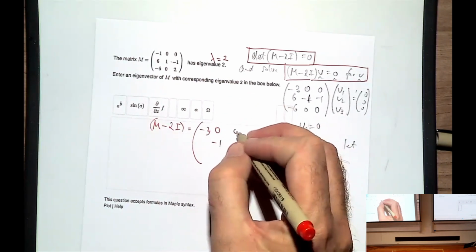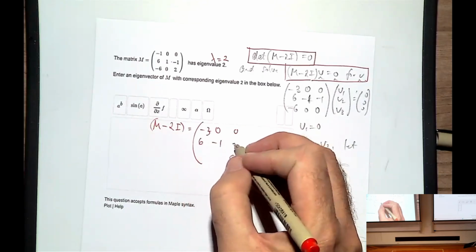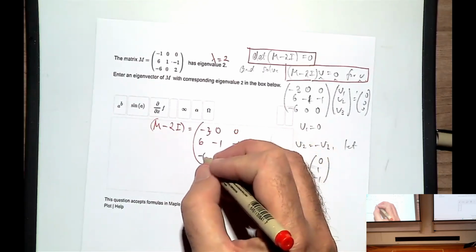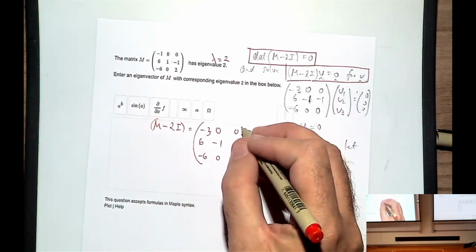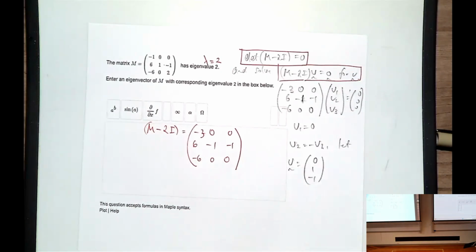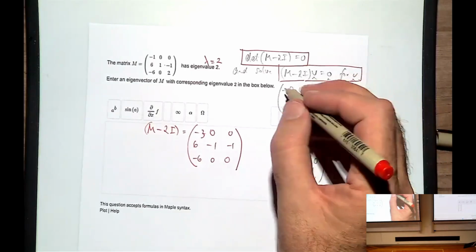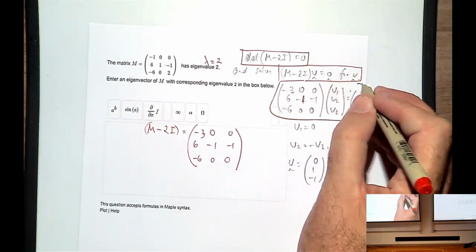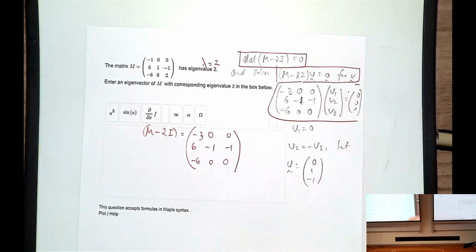And the rest of the thing stays the same. Okay? So you've basically got 3 equations and 3 unknowns, V1, V2, V3.